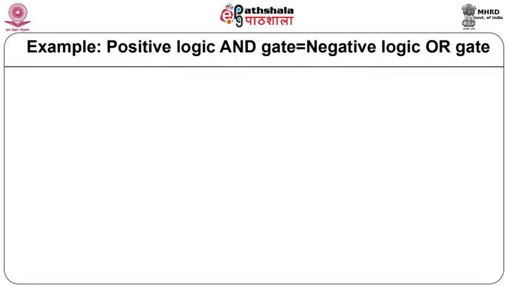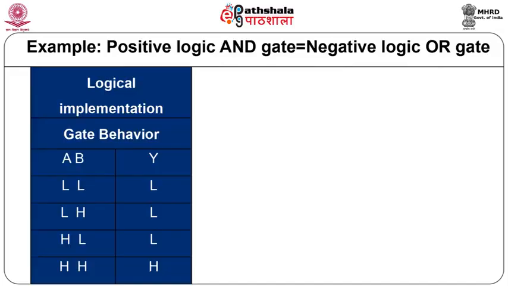Let us consider the example for positive and negative logic, that is positive logic AND gate equal to negative logic OR gate. Consider the table shown on the slide. Here A and B are inputs and Y is output. When both A and B are low, or if one of the inputs is low, the output is low. When both the inputs are high, output is high.